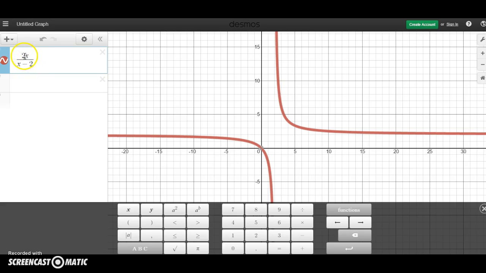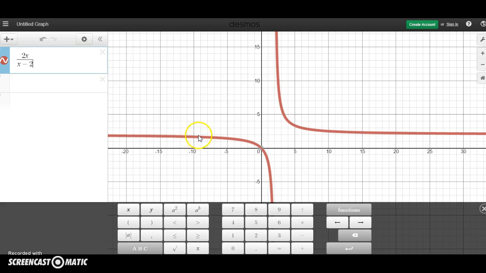If you have a million up here, you have 2 million over a million minus 2, which is close to a million, and that is essentially 2. And as you get bigger and bigger, it gets closer and closer to 2. On the other side, same thing, you're going to have negative infinity, so 2 negative numbers here, and that's how you get your asymptote.